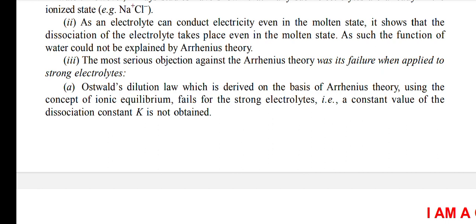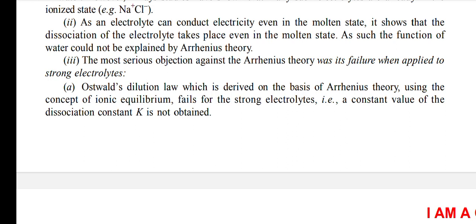The most serious objection against the Arrhenius theory was its failure when applied to strong electrolytes. Ostwald dilution law, which is derived on the basis of Arrhenius theory using the concept of ionic equilibrium, fails for strong electrolytes.